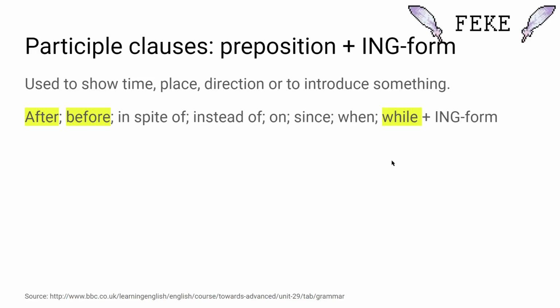Some of you are familiar with prepositions indicating direction, such as up, down, below, under, on the side of, and so on. But also, we could use prepositions which indicate time, after, before, and so on. Here, I've highlighted the ones in yellow that I'll be using in these examples.